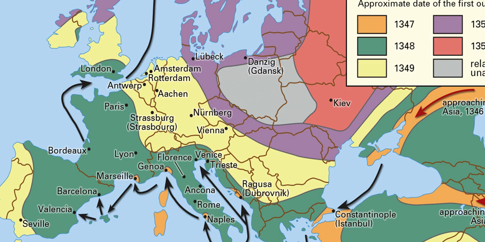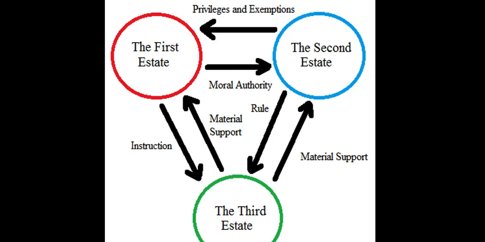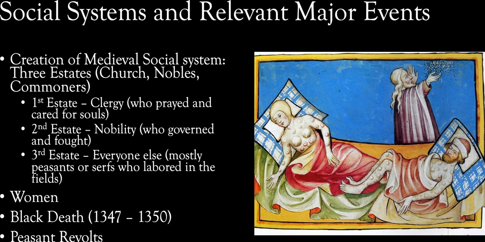Now, there were a variety of reactions to the plague. We'll go back to this slide here. Many people saw the plague as a punishment from God. And so this led to a spike in religious extremism, people who would pray and beg for forgiveness.